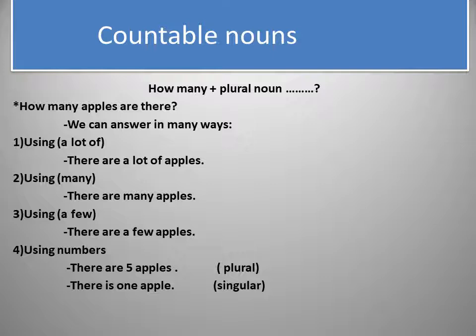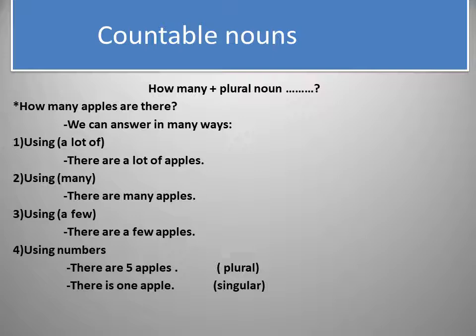So for countable nouns, if we want to ask, we use how many plus plural nouns. Like how many apples are there? So we can answer in many ways. Using a lot of, or many, or a few, or using numbers like there are 5 apples, or there is 1 apple.